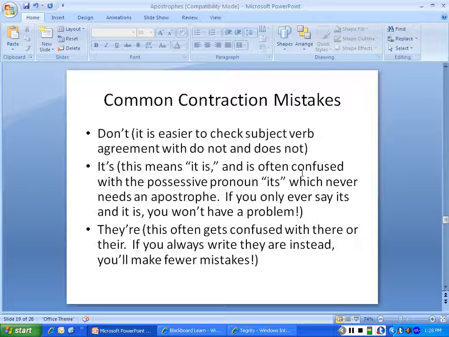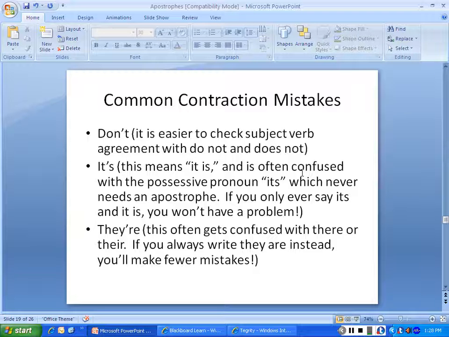We may hear people say, he don't or she don't, and it might not sound as wrong to us as saying he do not or she do not, which is more recognizably incorrect. If we do not use the phrase don't, then it's easier to check our subject-verb agreement.